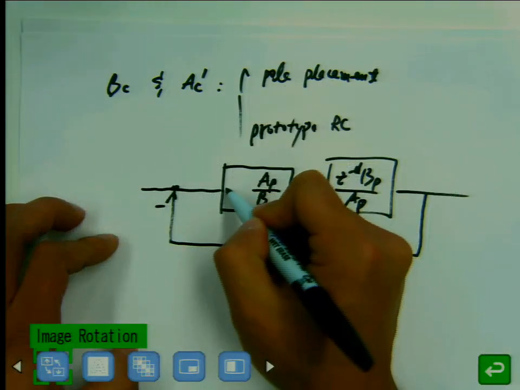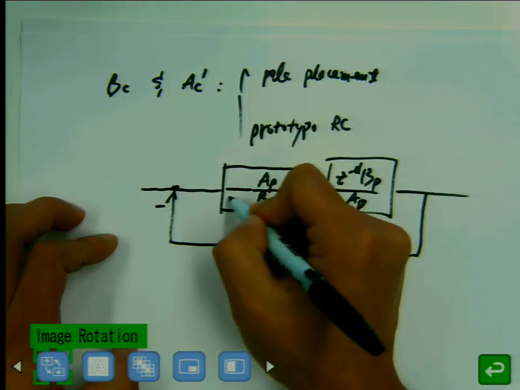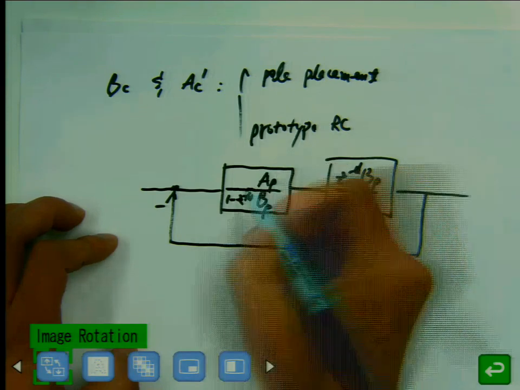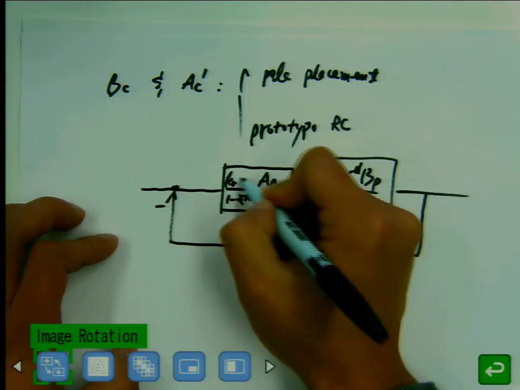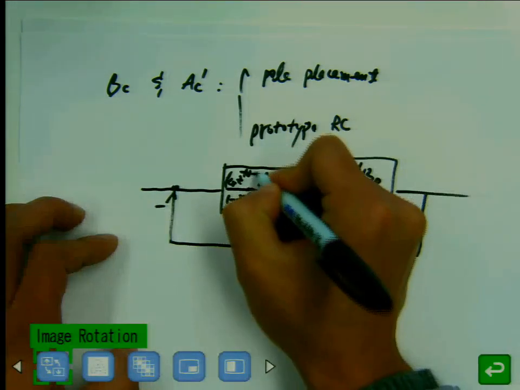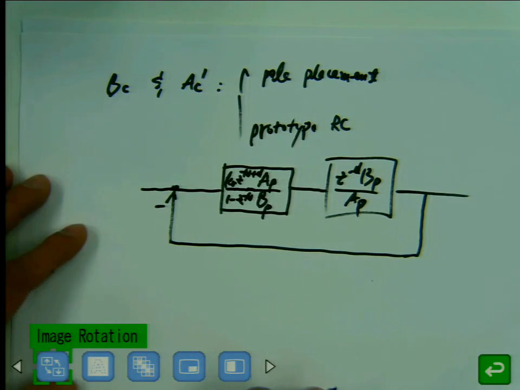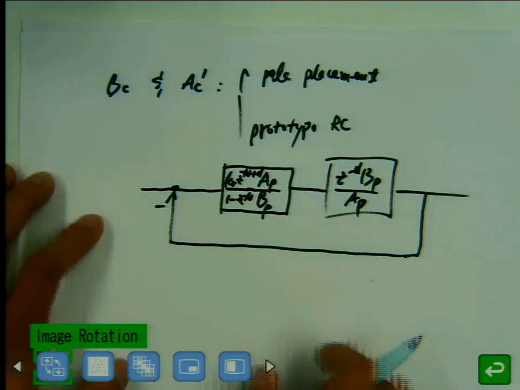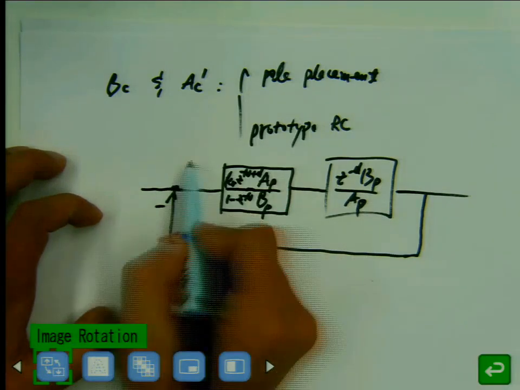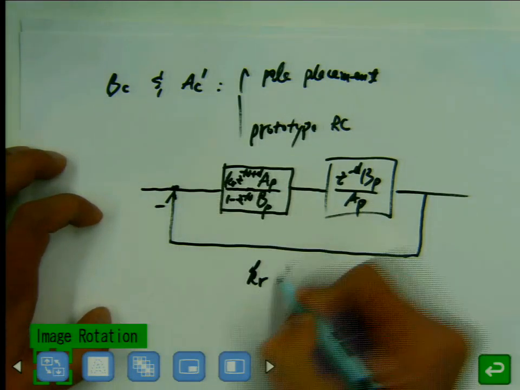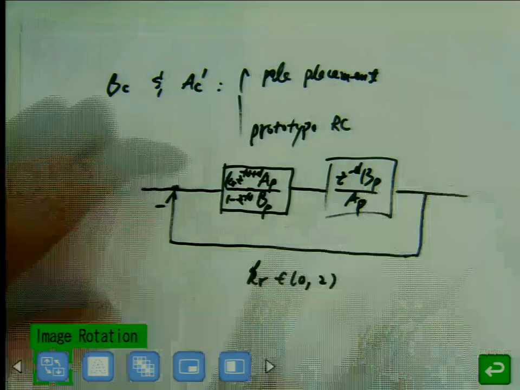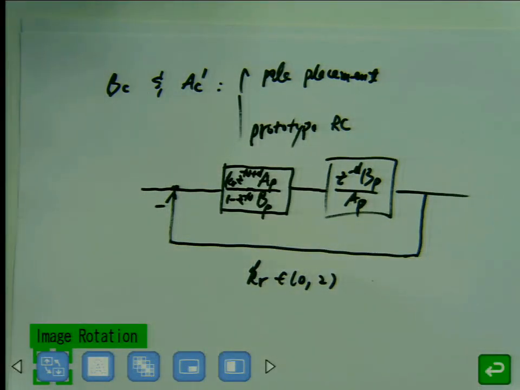And then additionally, I will include the internal model of the disturbance. And then I include the K_RC z to the negative N plus D, such that the closed loop will be stable. That's one way to do it.